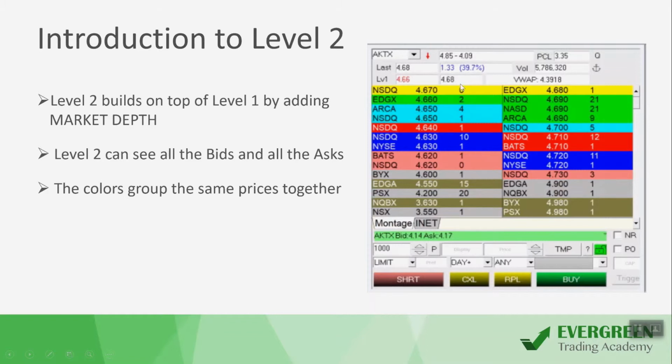As in the previous example, you've got the price here, which is in the middle of both columns, and you've also got the size, so the amount of shares they are wanting to buy and the amount of shares they are wanting to sell. In this image here, the size is being divided by 100. There are some settings on level 2. You could divide the size by 10, drop one zero, or you could drop two zeros.